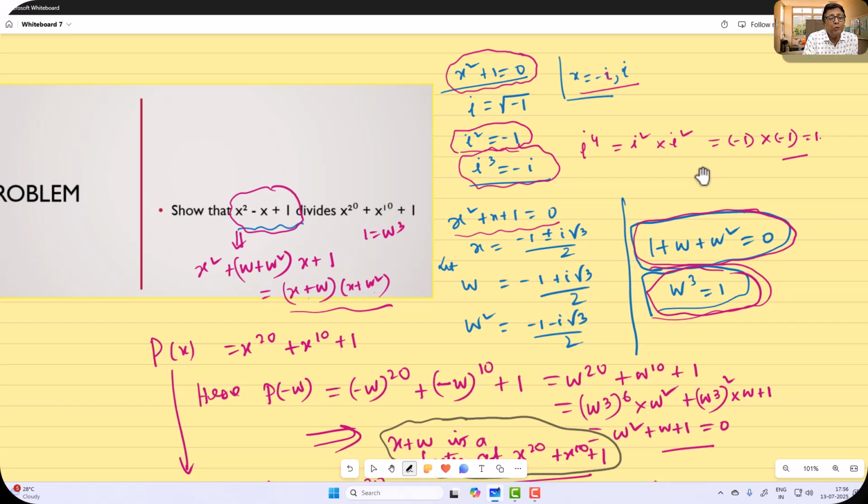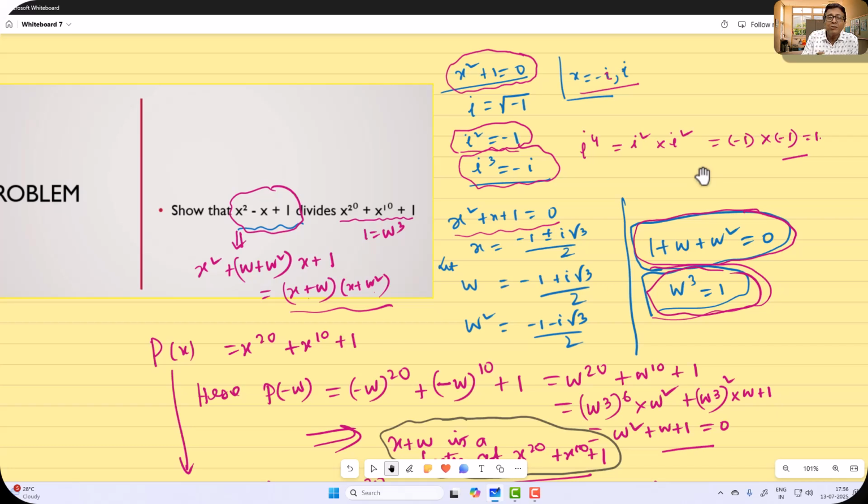Now, how will I prove x square minus x plus 1 divides this one? You can't go by long division. We have done the factor theorem and remainder theorem, not long division.